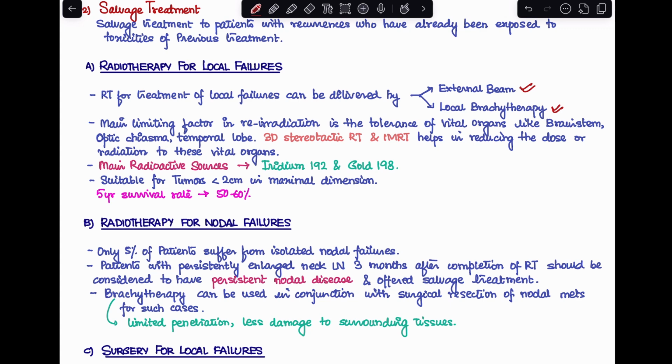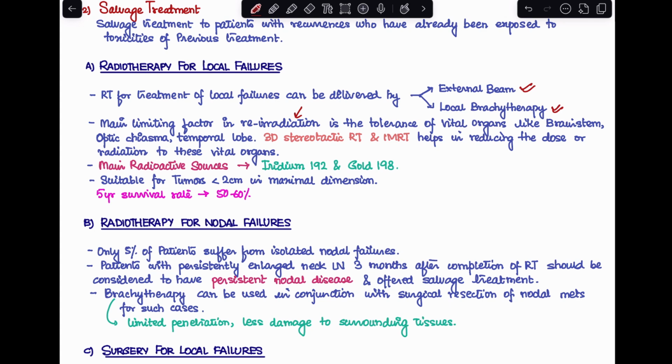But the most important thing to remember here is a patient who has already been exposed to radiotherapy as the primary treatment. The limiting factor over here is to re-irradiate the same areas because there are some vital organs involved over here, like the brainstem, the optic chiasma, and the temporal lobe.